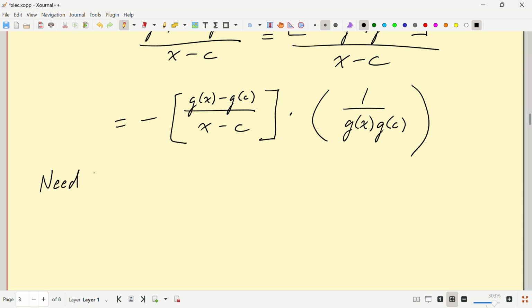We need to know, we know g of c is unequal to 0. And we need to know that g is continuous. It is because it's differentiable.